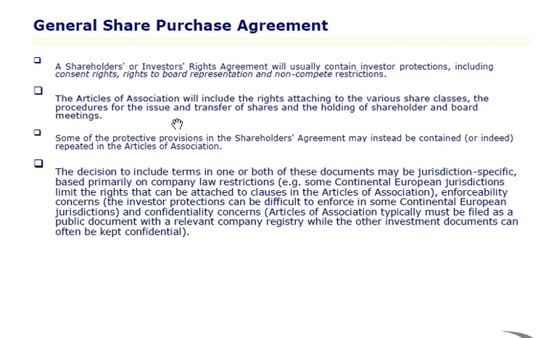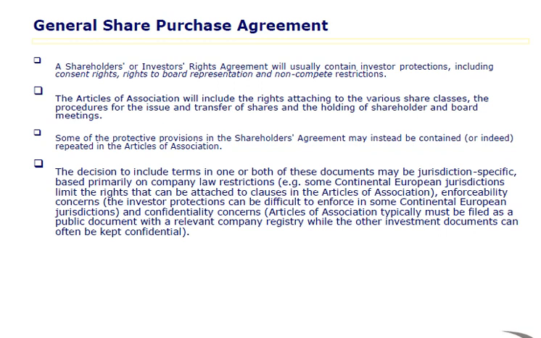So what is the general share purchase agreement? Shareholders and investors' rights usually contain the investor protections, consent rights, right to a board seat, representations, and non-compete restrictions. And the articles of association will include the rights attached to various share classes, the procedure for the issue and transfer of shares, and the holding of shareholder and board meetings.